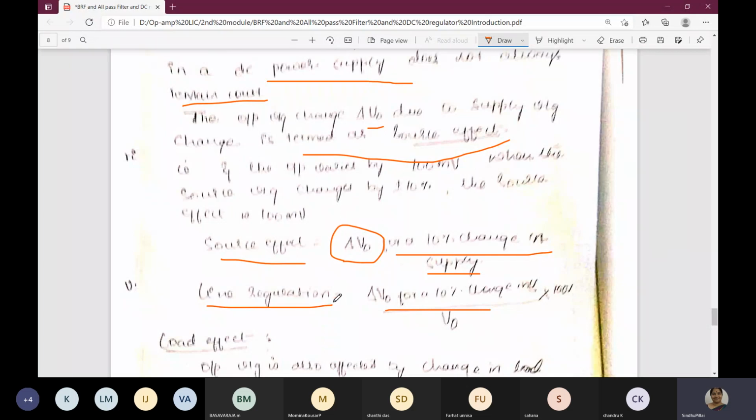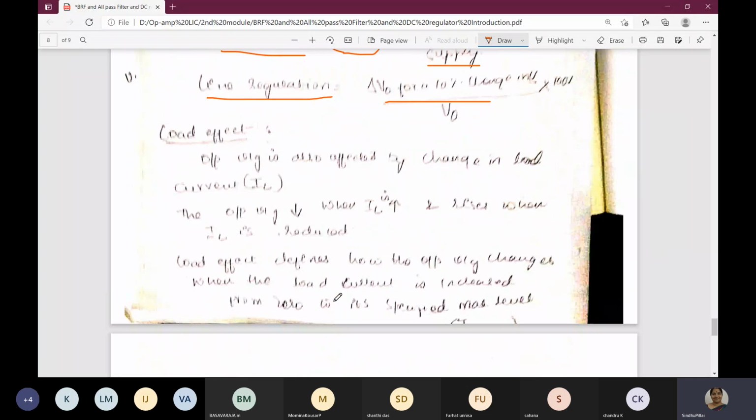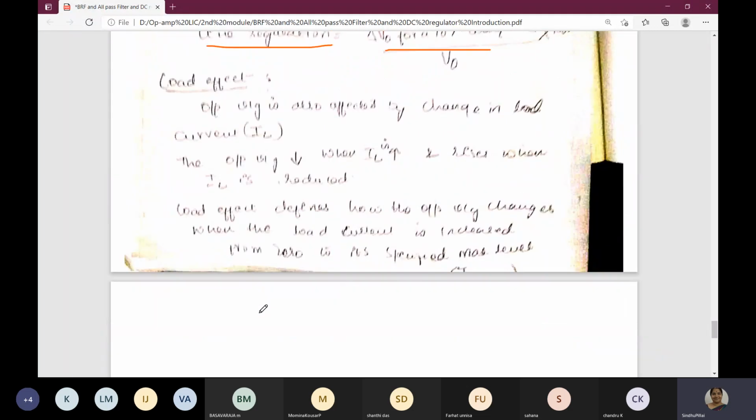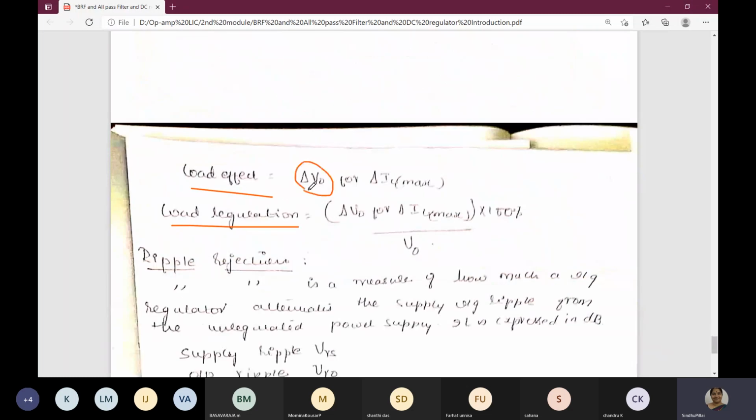And what is the load effect? Load effect is that the output voltage decreases when load current is increasing and rises when load current is reduced. So load effect defines how the output voltage changes when the load current is increased. It is the same way: first we write load effect, the change in output voltage when the load current changes.